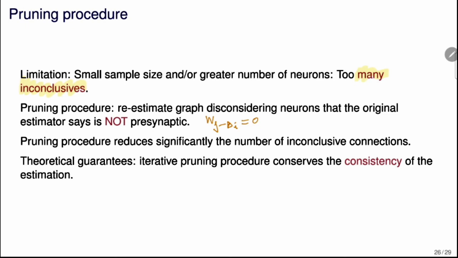By doing that, we significantly reduce the number of inconclusive connections, as we'll see in the next slide. And very interestingly, this iterative pruning procedure conserves the consistency of the estimation.